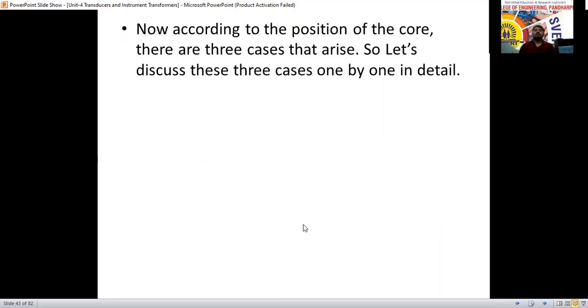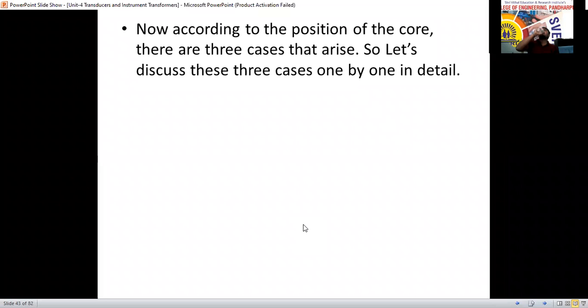This is the net output of the differential transformer. Now, according to the position of the core, there are 3 cases that arise. Let's discuss these 3 cases one by one in detail. If the flux linkage between the secondary windings S1 and S2 is equal, that is called the null position.